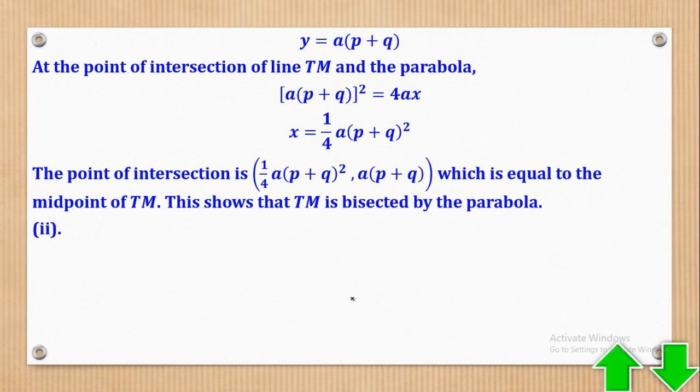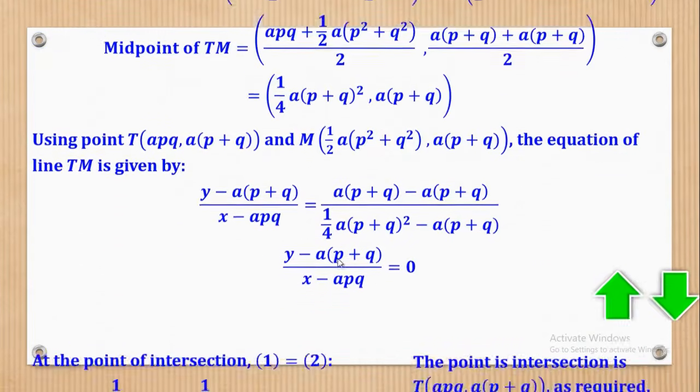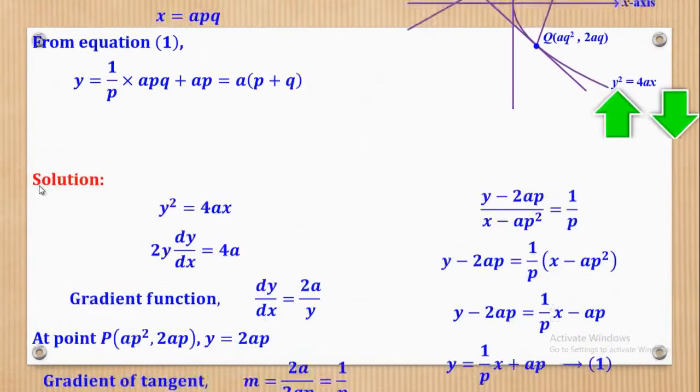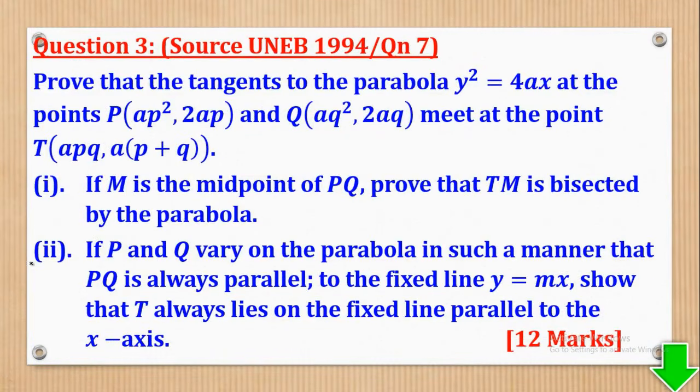Then Roman 2. So Roman 2 says, if P and Q vary on the parabola in such a manner that PQ is always parallel to the fixed line y = mx, show that T always lies on the fixed line parallel to the x-axis.